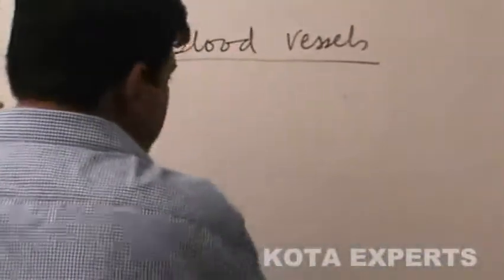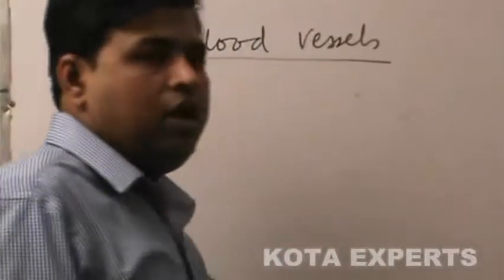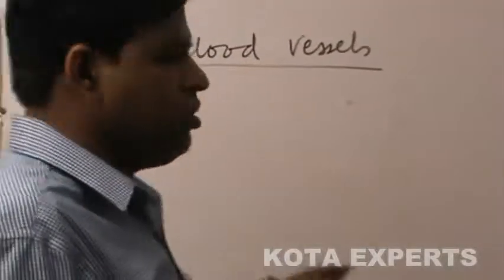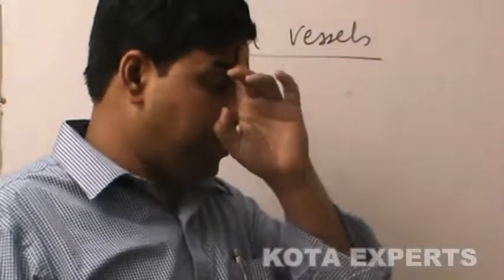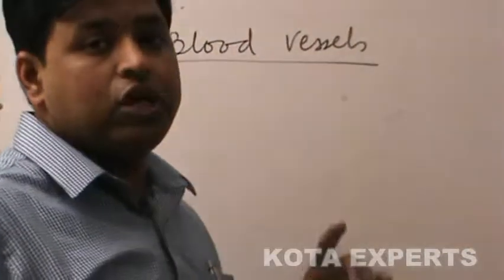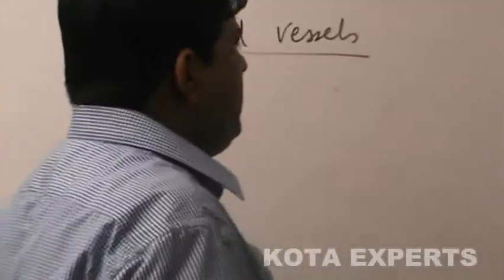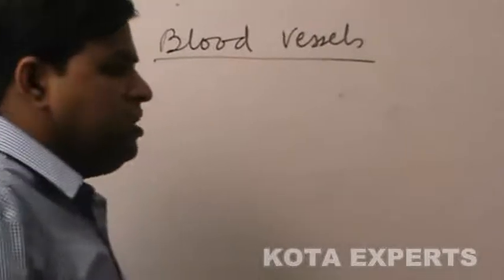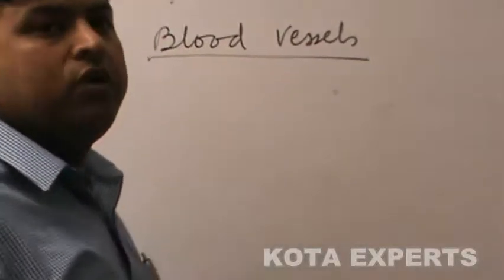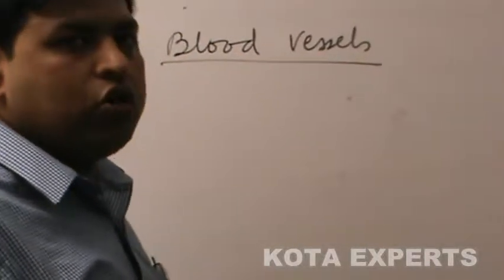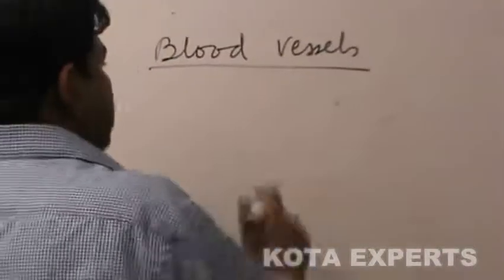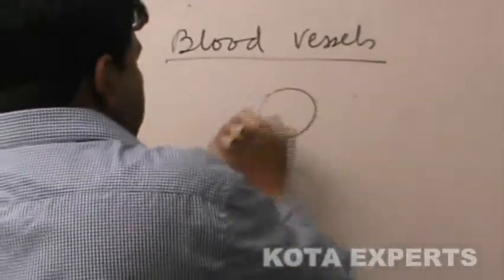Arteries transport oxygenated blood and veins transport deoxygenated blood, except pulmonary arteries which transport deoxygenated blood. So the main criterion for arteries and veins is not the transportation of oxygenated or deoxygenated blood. As far as the organ is concerned, say this is an organ.